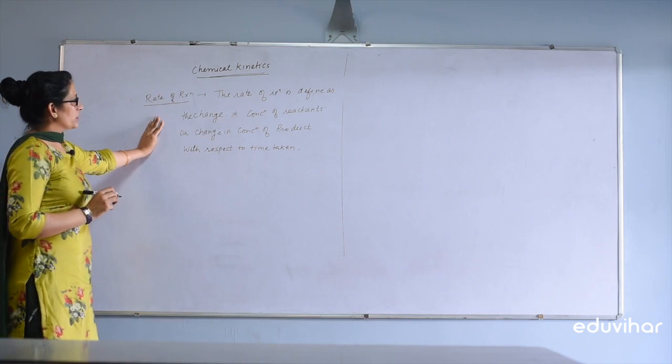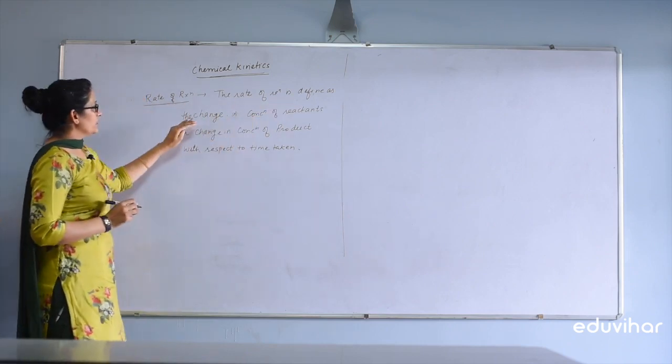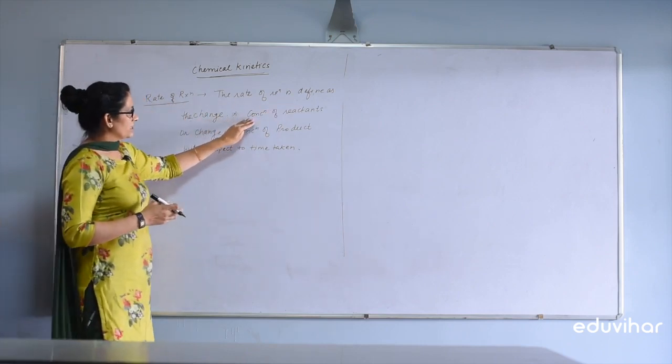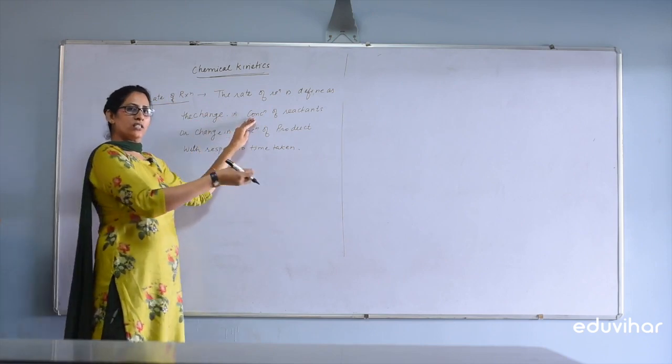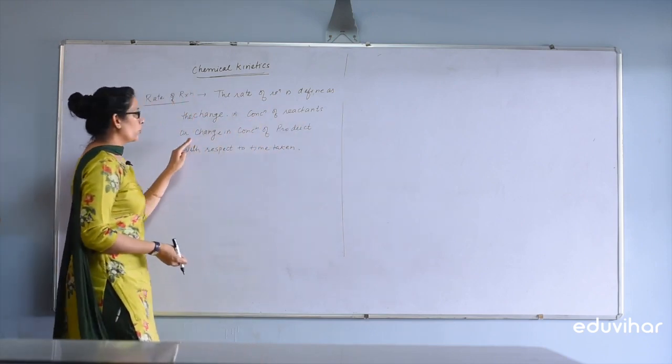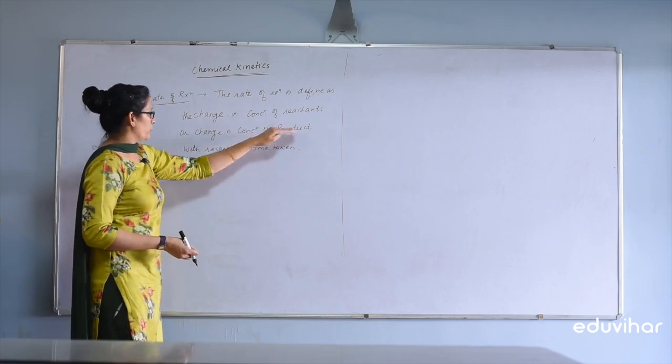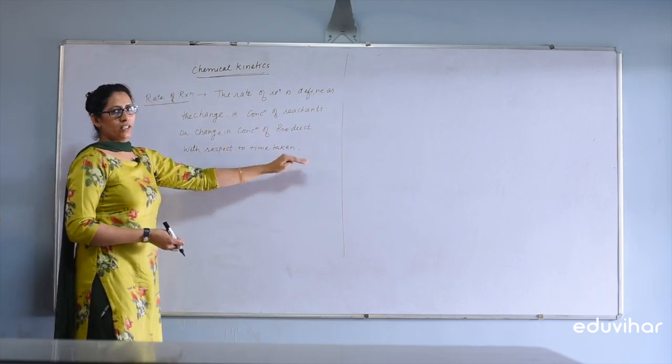Means the rate of reaction is defined as the change in concentration, how much change in concentration of reactant or change in concentration of product with respect to time taken.